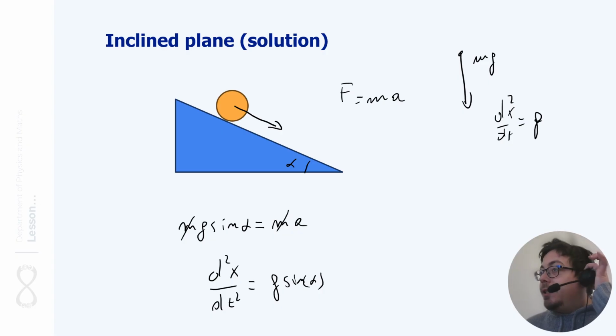There is just a correction on the gravity, so it's like it's falling with a different speed, possibly a smaller speed.